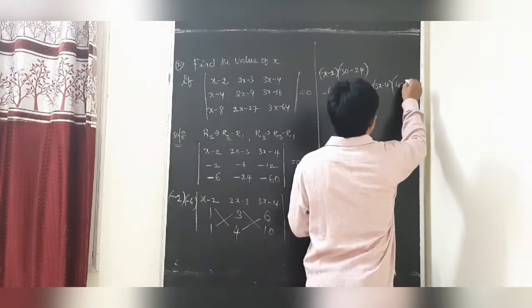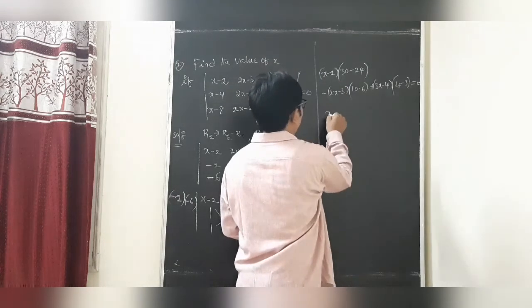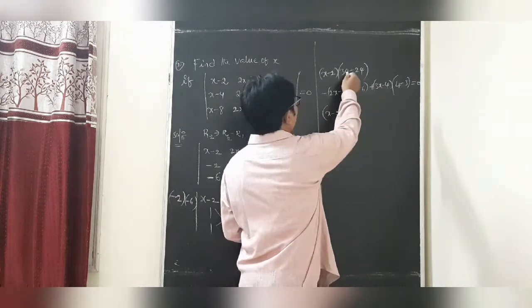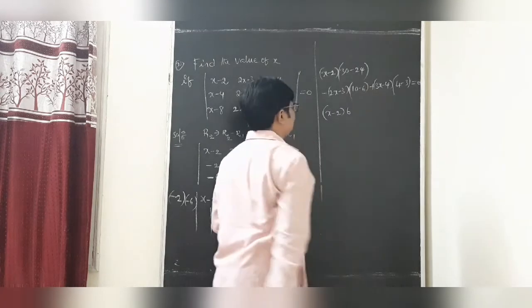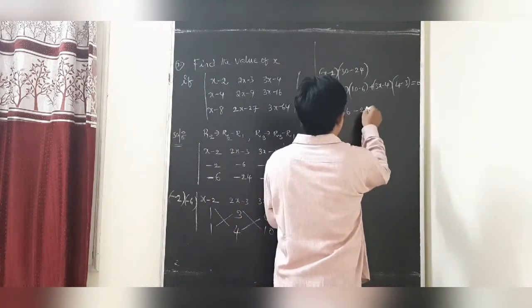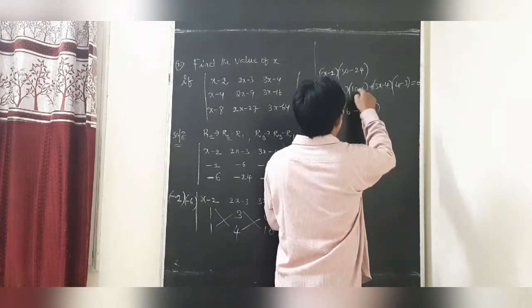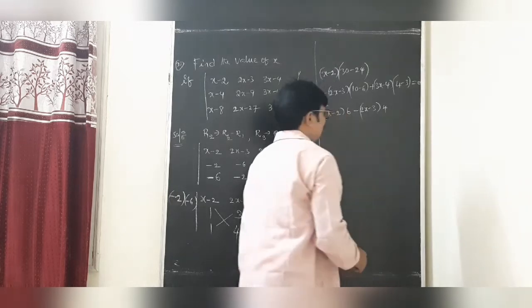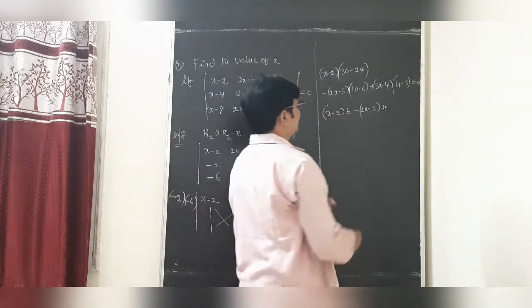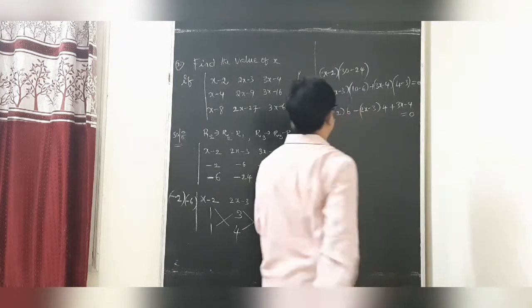So, dear students, this is x minus 2 into 30 minus 24, which is 6. After that, minus of 2x minus 3, and 10 minus 6 is 4. Now this is 3x minus 4 equal to 0.